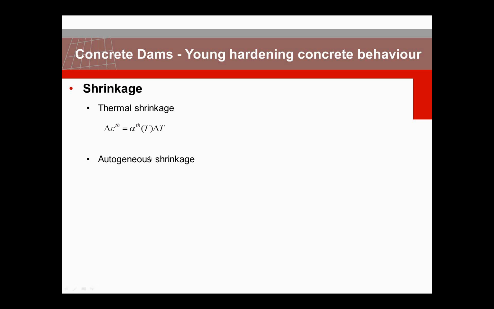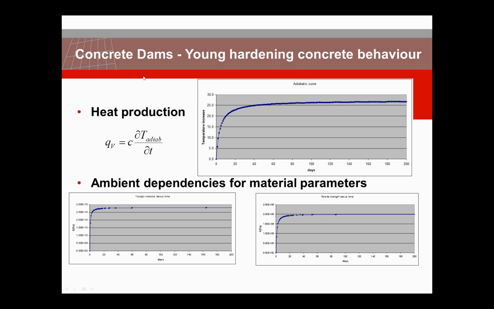Other aspects that we consider in this analysis is the shrinkage. Of course we have the thermal shrinkage as a result of temperature changes, but we also considered here autogenous shrinkage, just because of the concrete reducing in size as a function of time. So considering all these aspects, we need the following material input.